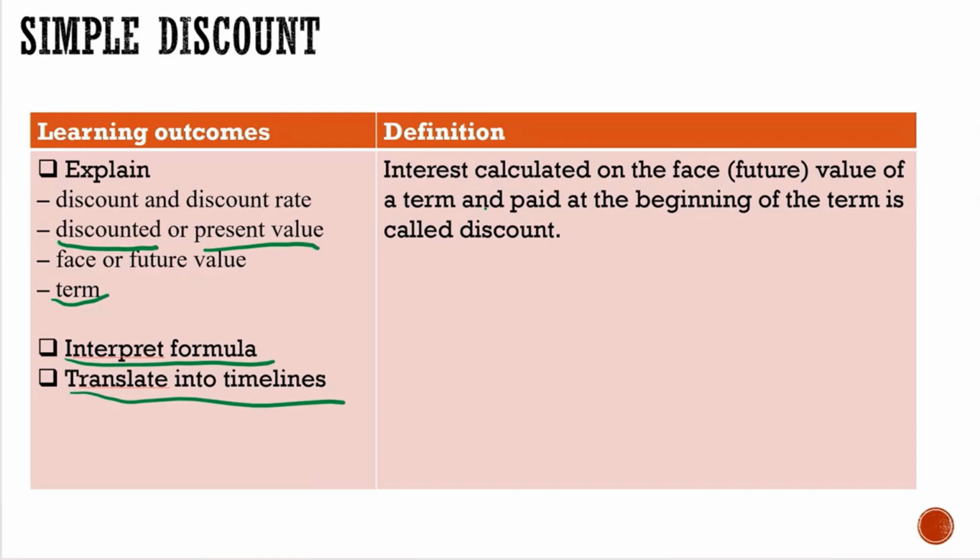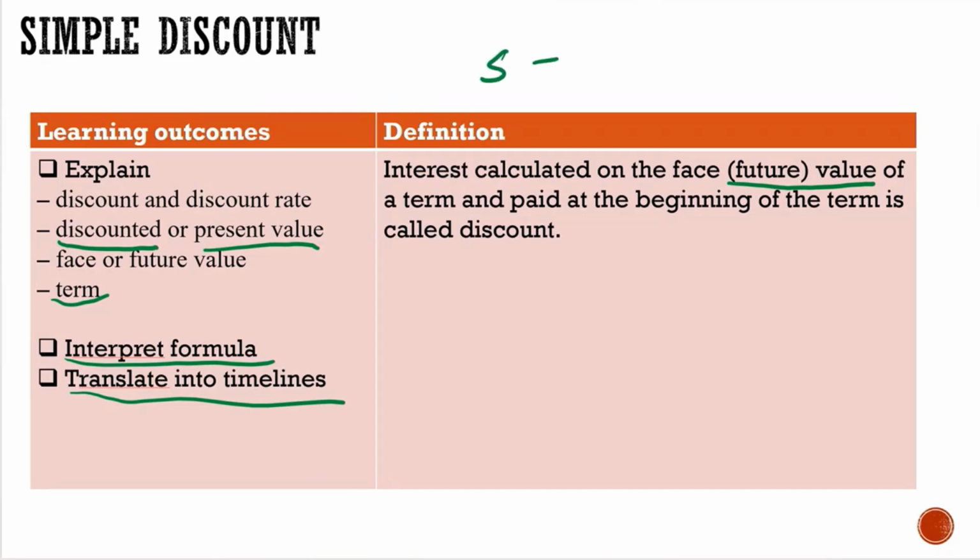So the interest on the future value, that's the definition of simple discount. The interest is calculated on the future value of a term and paid at the beginning of a term. This one is called the discount. The discount is calculated on the future value at the simple interest rate.